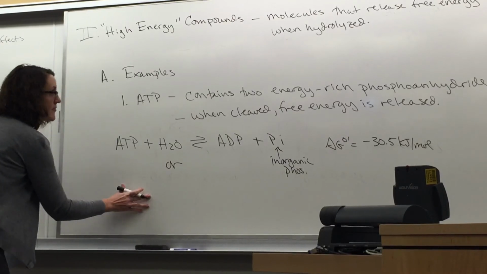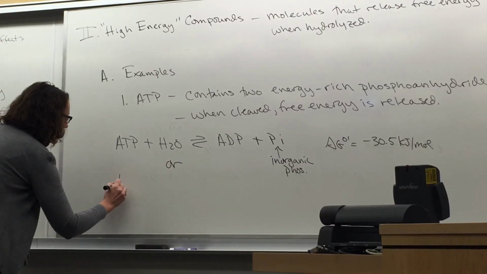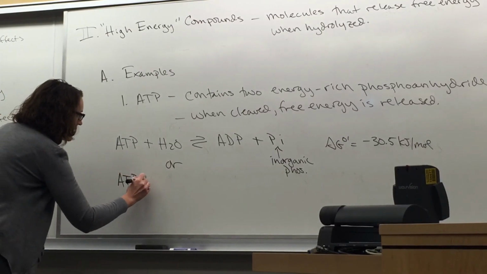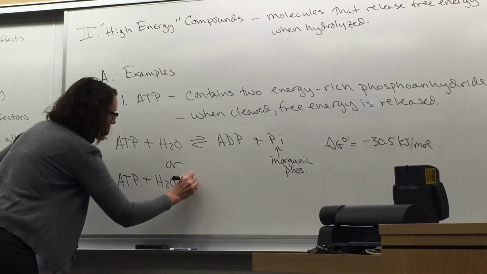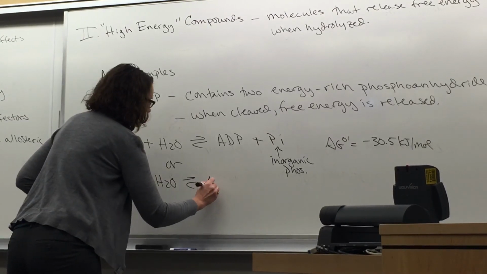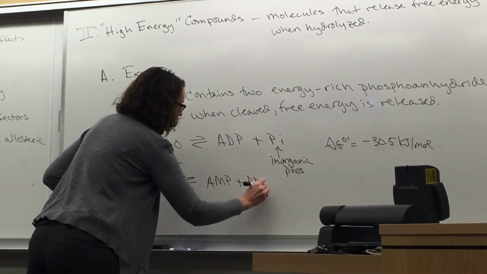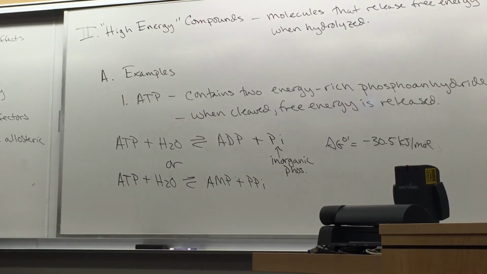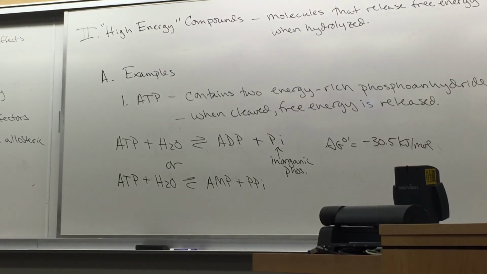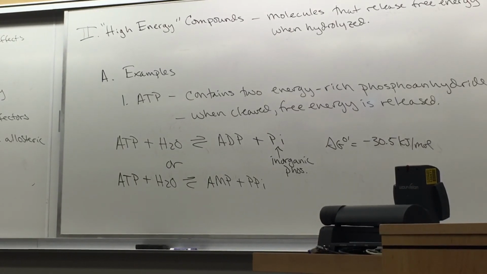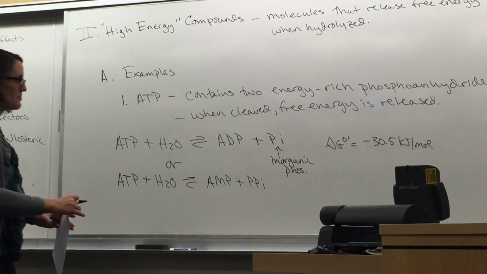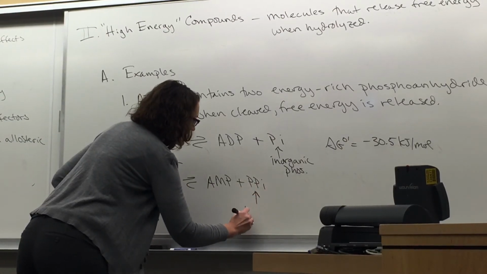Or we can do, I think I can fit it on here, the following alternative. Instead of cleaving at that external phosphoanhydride, we can cleave the internal one first. So ATP plus water gives us AMP plus PPi, or pyrophosphate.